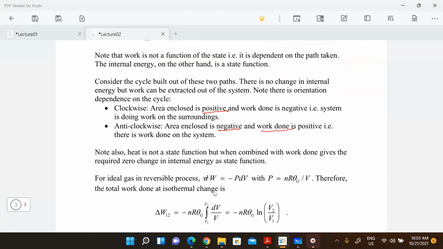So once you include both contributions of heat and work done, you get to the idea of your internal energy. Heat gain and heat loss, inclusive of the mechanical work, then you essentially get no change in your internal energy.